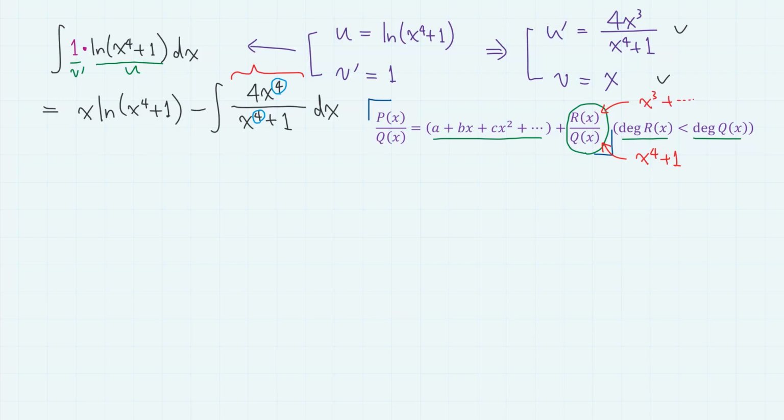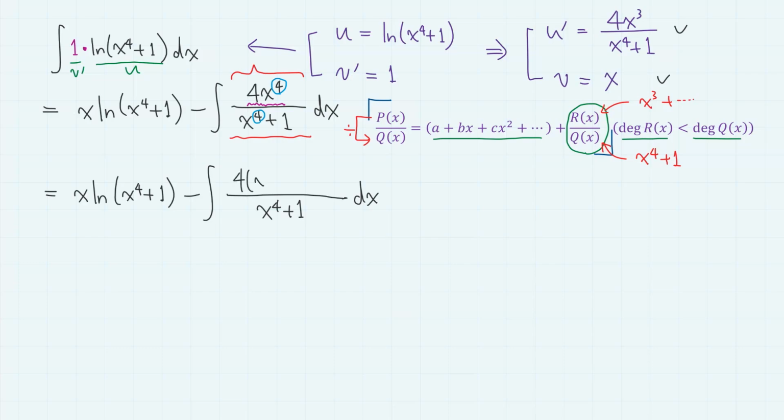The general method for this splitting is dividing the numerator by the denominator, but in our case, we can do it in a simpler way. Since we have 4x^4, we just write 4 times (x^4 + 1), and then subtract the excess constant part, so minus 4.